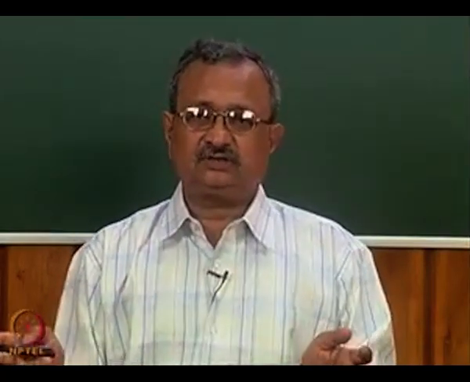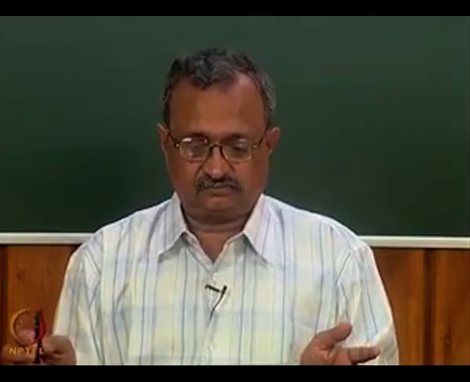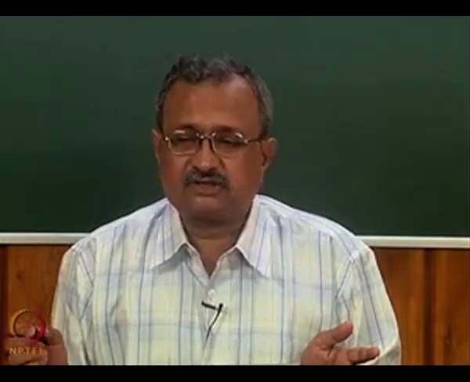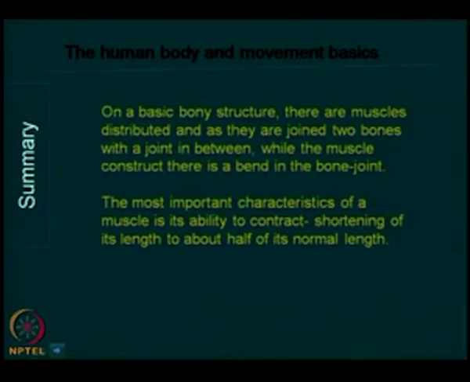Now, today's summary. If we summarize the total matter we have discussed, we are going to point out specifically that the human body and movement basics we are discussing, and its application in biomechanics etc., will be discussed in the next classes.